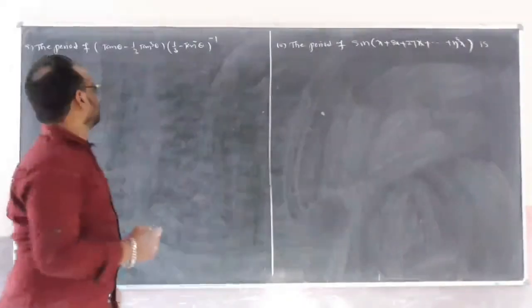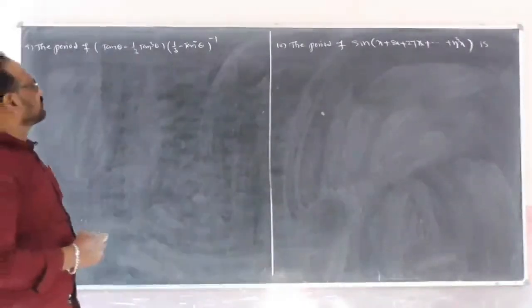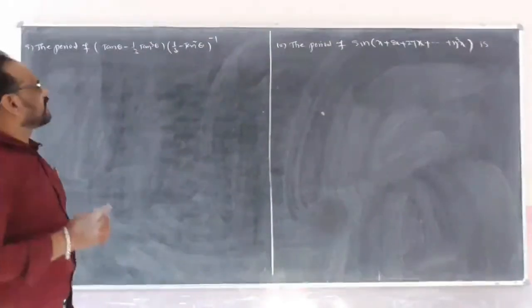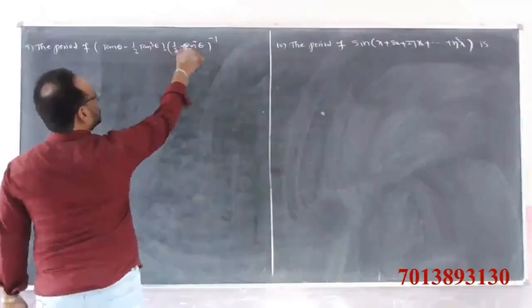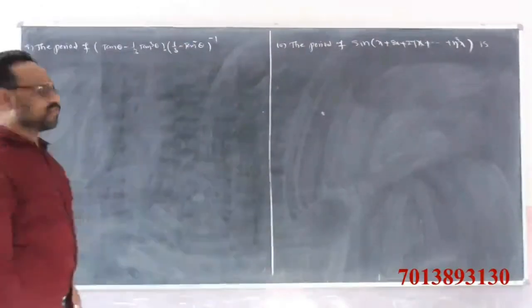Yes, next one. The period of tan theta minus 1 by 3 times tan cube theta into 1 by 3 minus tan square theta whole power minus 1. We want the period.